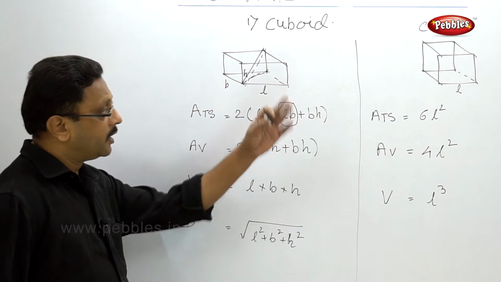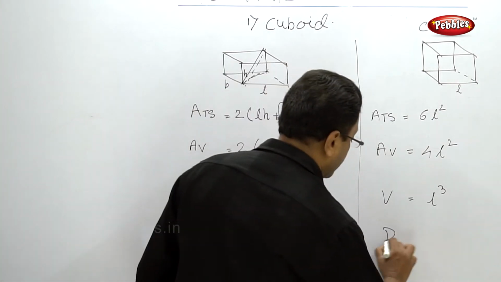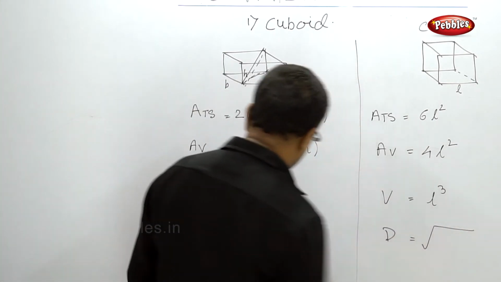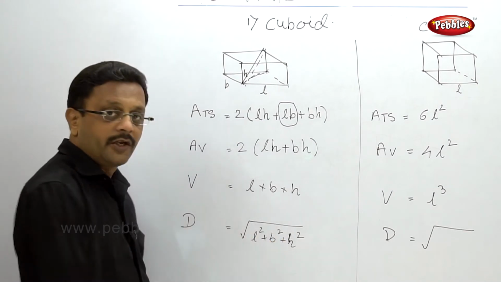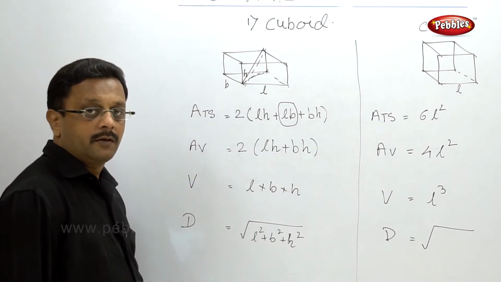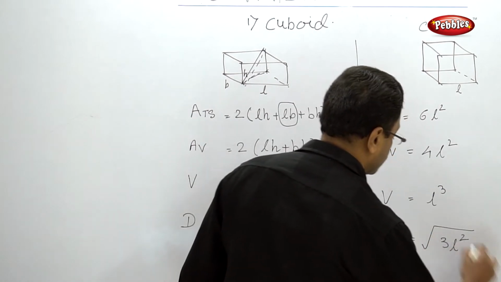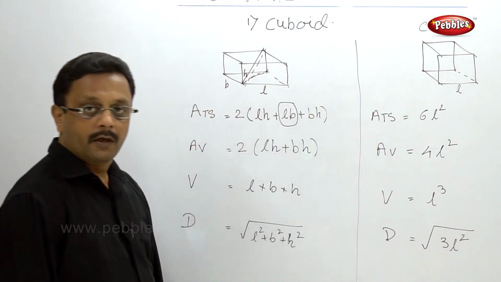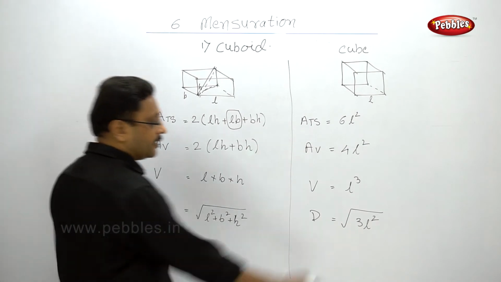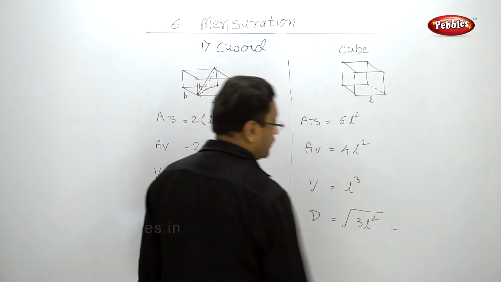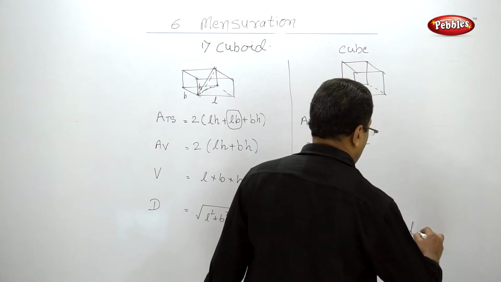And what will be the length of the diagonal in this case? Since all 3 are the same, it is the root of 3L square. Since it is a root, I can even write this as L root 3.